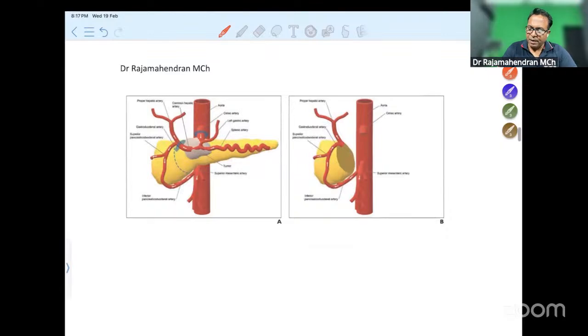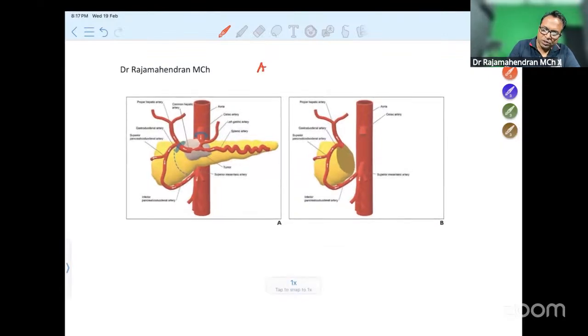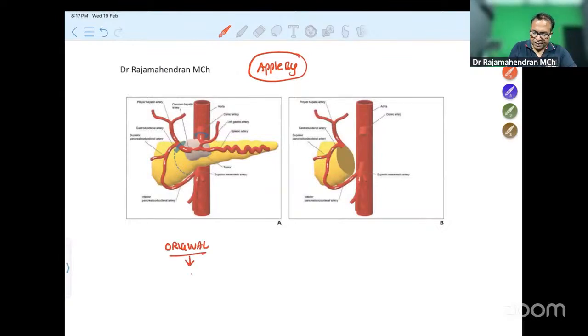So now what is this Appleby procedure? Appleby procedure is not a question for NEET SS, but it is a very common question for the INI SS surgical gastro exam. The original Appleby procedure was done for cancer stomach infiltrating into the celiac artery.